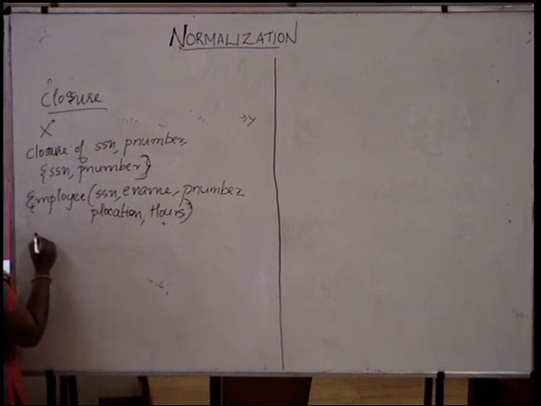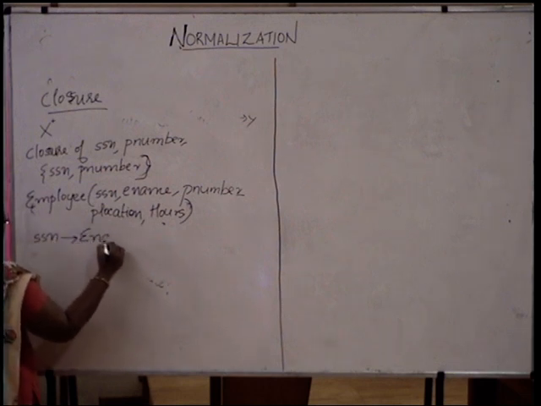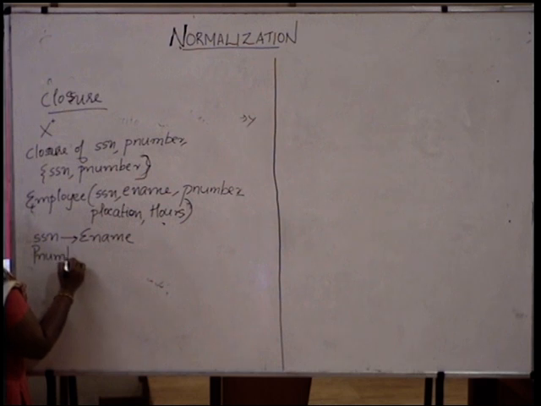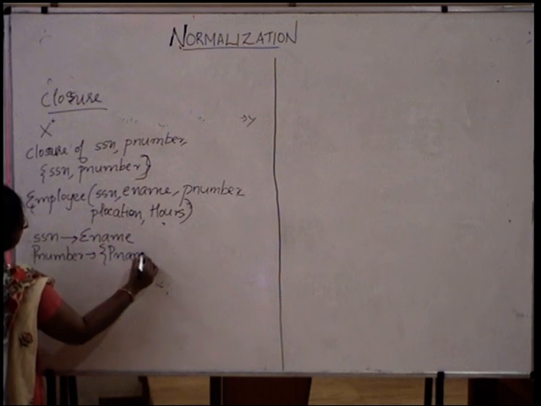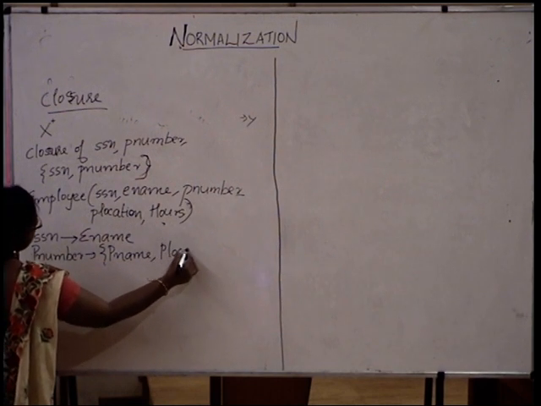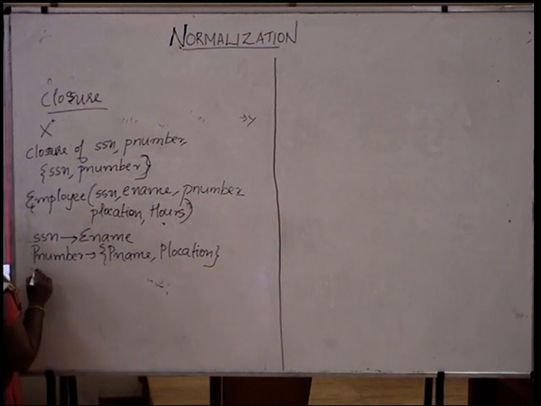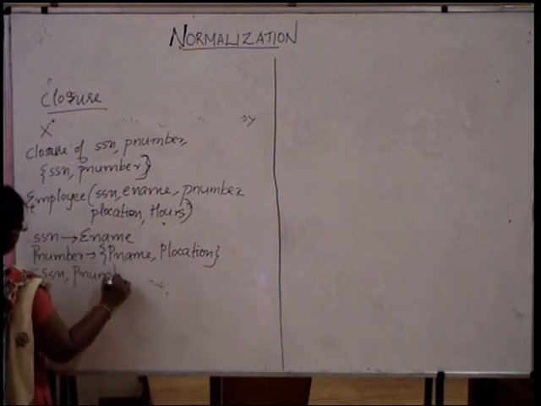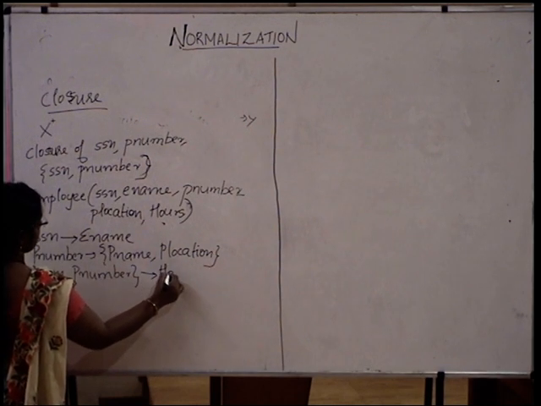The given functional dependencies are SSN implies E name, P number implies P name, P location, SSN, P number implies hours.